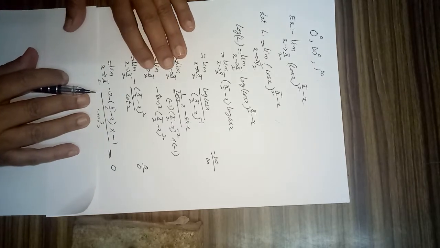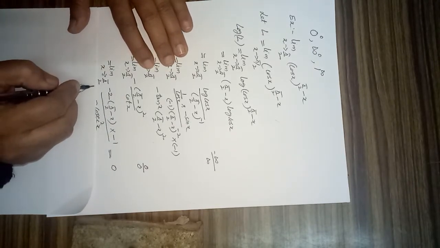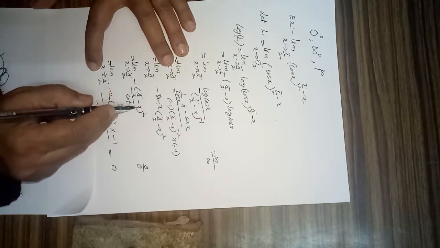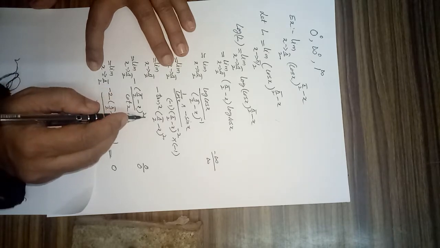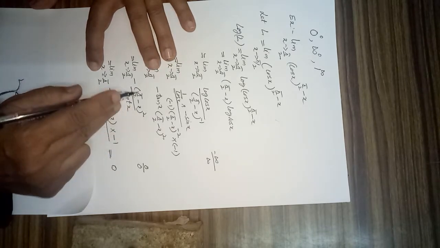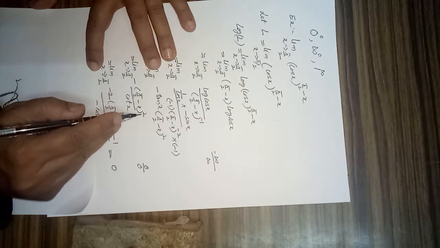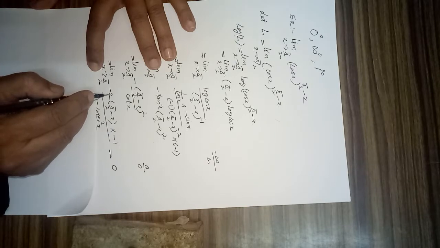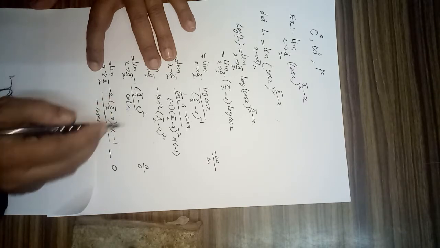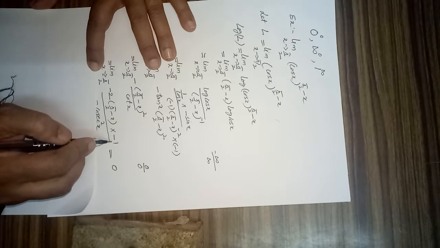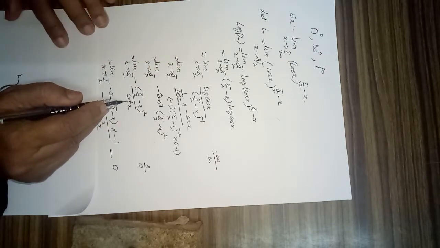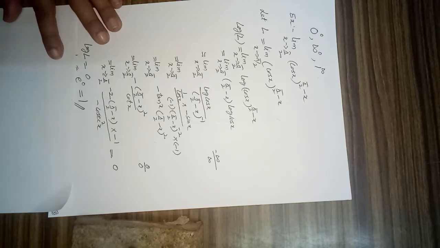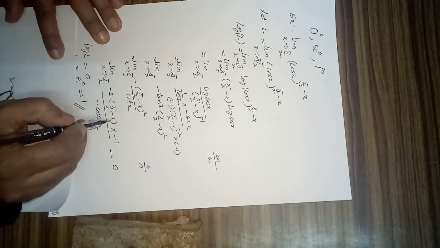Now this is equal to limit as x tends to pi by 2 of the derivative of the numerator, minus 2 into this raised to 1, applying the n into x raised to n minus 1 formula. So we get minus 2 into pi by 2 minus x into the derivative of this, minus 1, divided by the derivative of cot x, which is minus cosec squared x. This equals minus 2 into pi by 2 minus x.